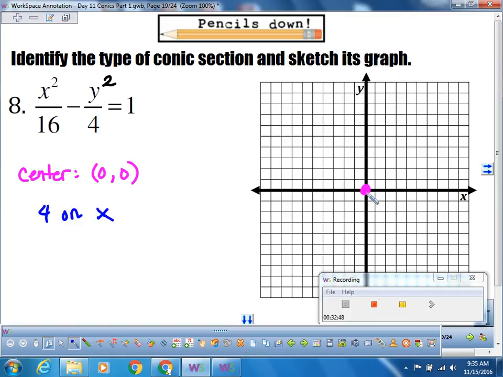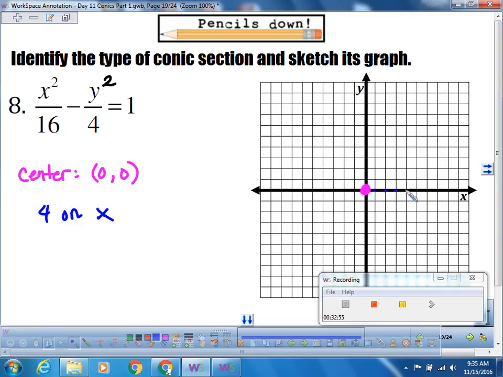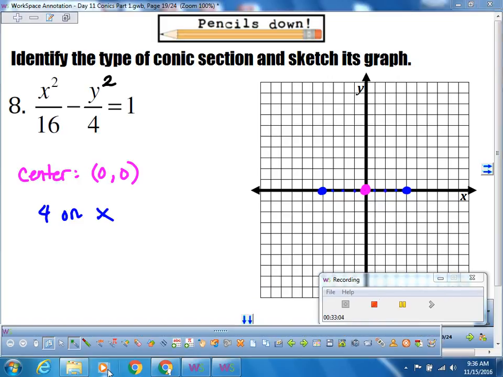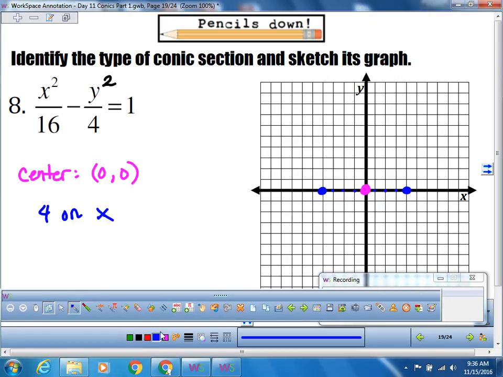Barry, do you have something to contribute? 1, 2, 3, 4. Okay, just making sure that we're on the same page. All right, so that was on the x.